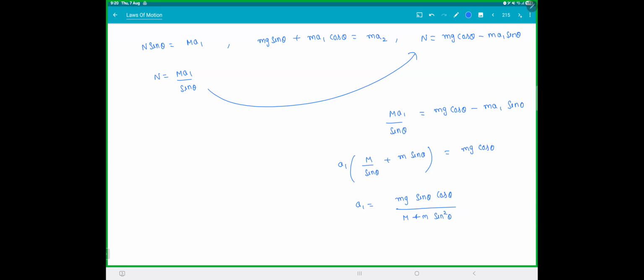There, that's your a1. Once you got a1, put it in equation 2. So a2 will be nothing but g sin theta minus a1 cos theta. You can substitute there and simplify. I will leave it to you. You'll get the answer from there.